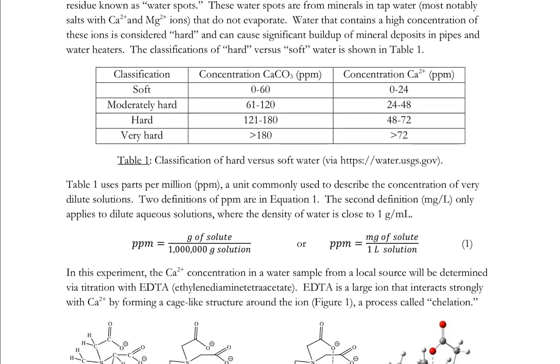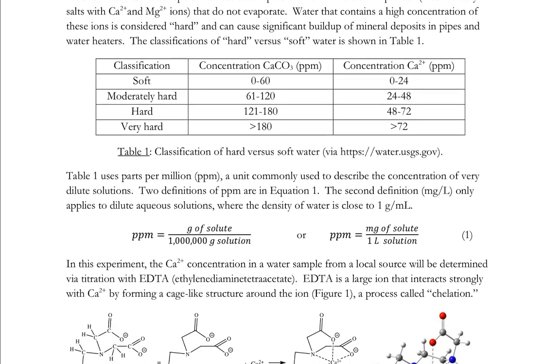Alrighty, so this unit ppm is the grams of the solute, so the calcium, divided by 1,000,000 grams of solution. Now, we will find that we can convert, using dimensional analysis, from grams of solute to milligrams of solute for the numerator, and 1,000,000 grams of solution to a liter of solution.